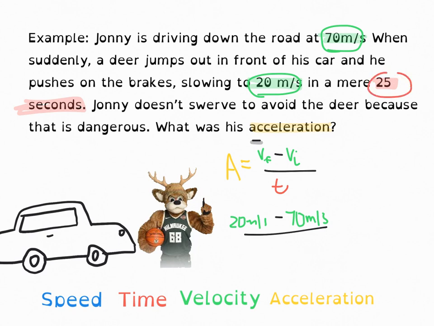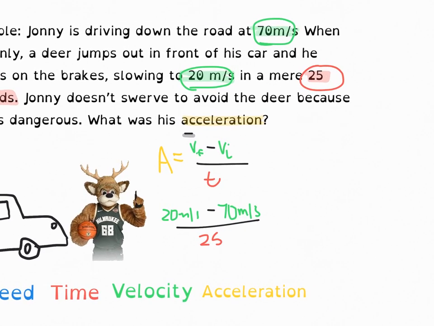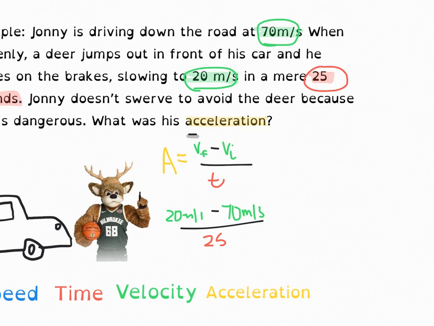And that all happened in 25 seconds. 20 minus 70 gives me negative 50 meters per second over 25 seconds. Forgot my label here, my bad.